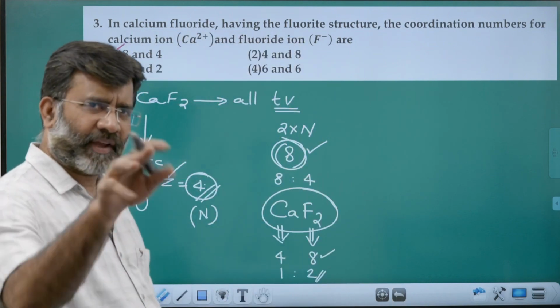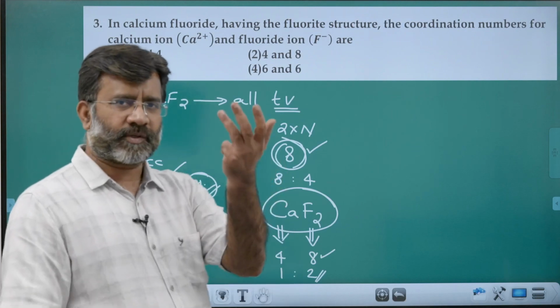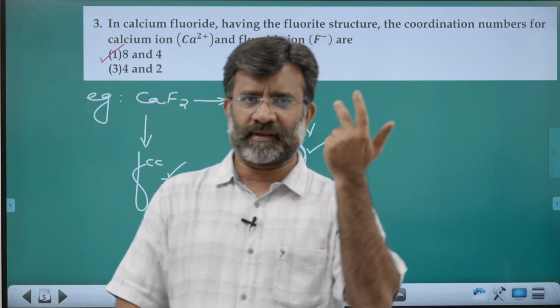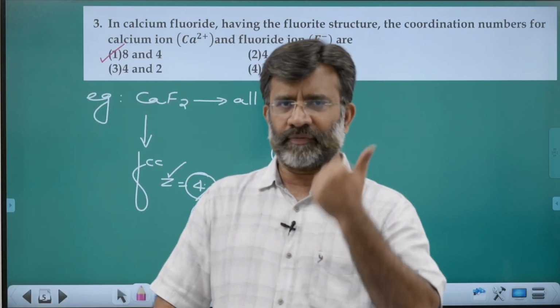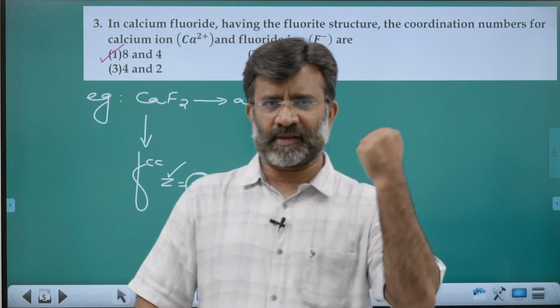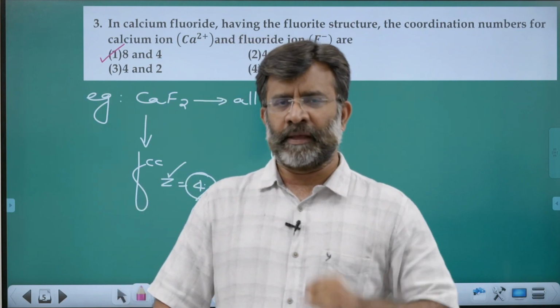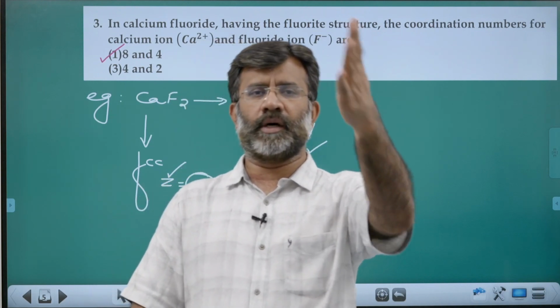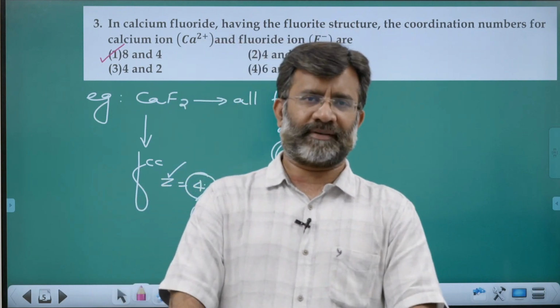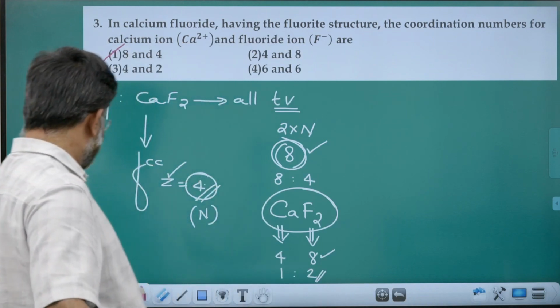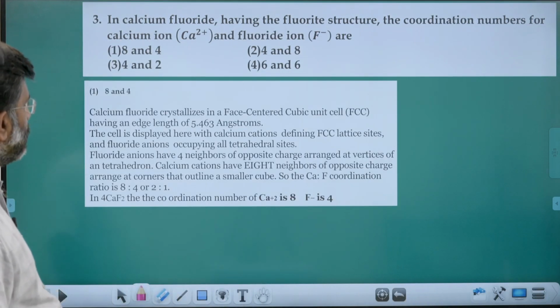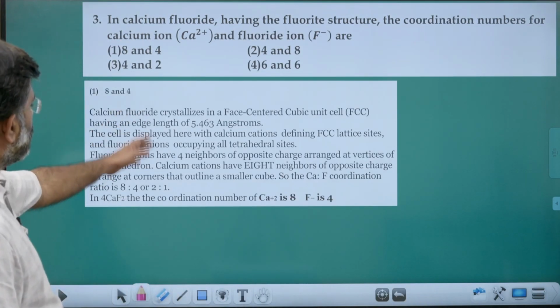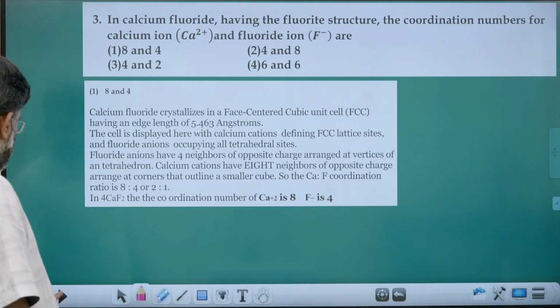That is why anti-fluorite. So rock salt structure, zinc sulfide structure, fluorite structure, anti-fluorite structure, spinel structure, inverse spinel structure. These are all the advanced level topics which you need to learn from the chapter. Okay, next. That is about the description regarding the fluorite structure.